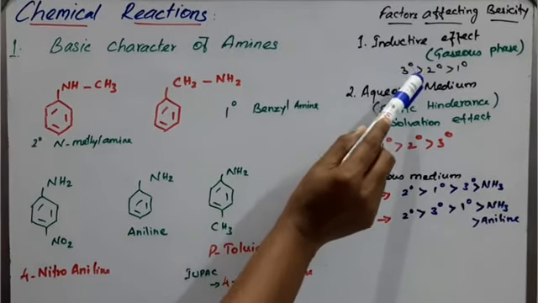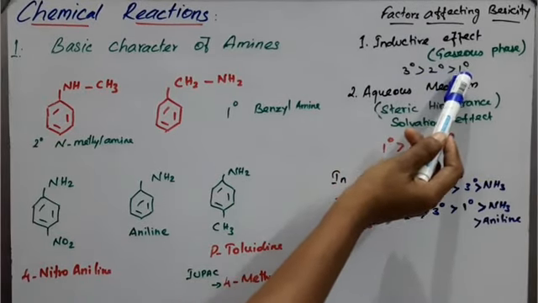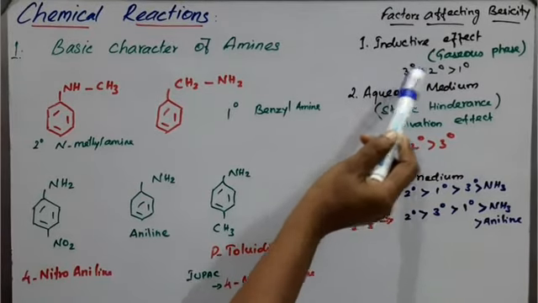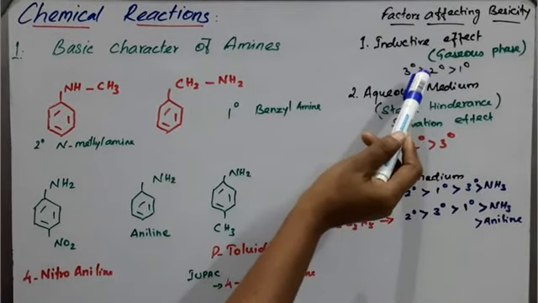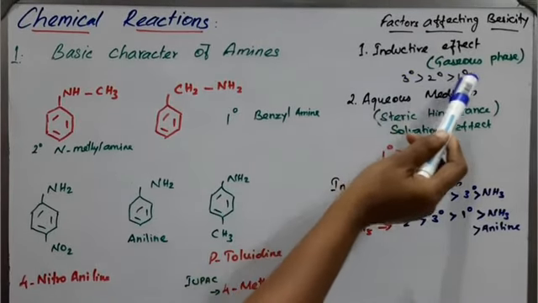According to the inductive effect, tertiary, secondary and primary. Why? Because tertiary has three alkyl groups which keep on releasing electrons, so more electron density on nitrogen, and more base character. Ammonia is the least one.